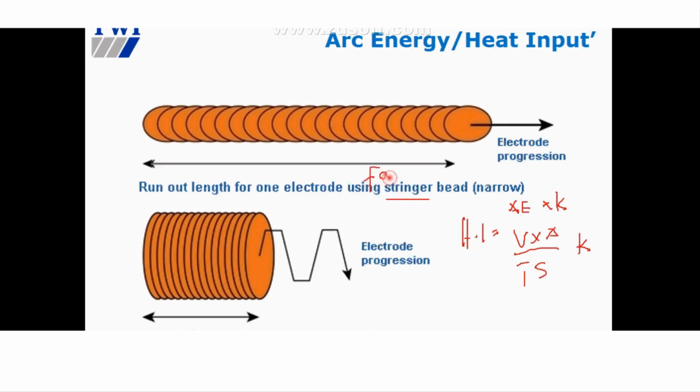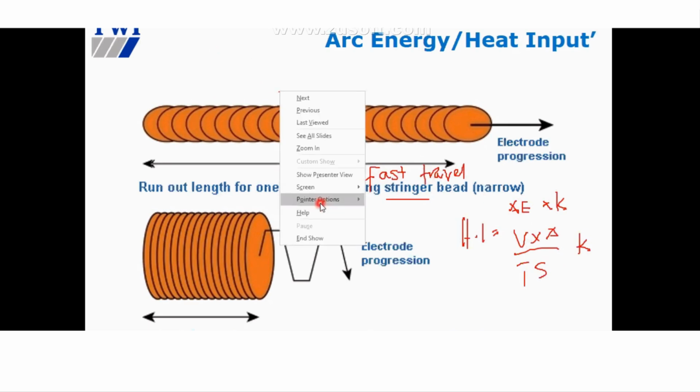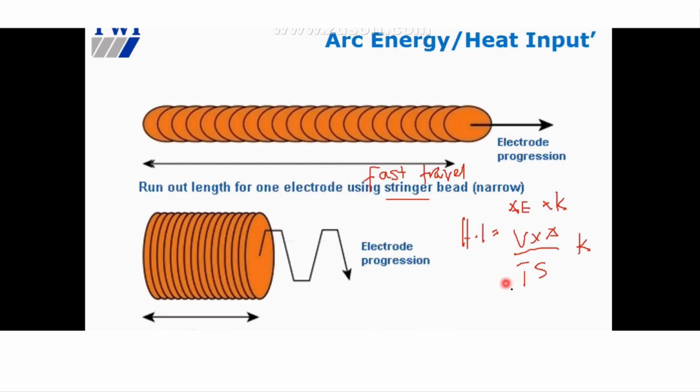This is fast travel. When you have fast travel, travel speed fast, what happened to heat input? Lower. Yeah, clear about this?